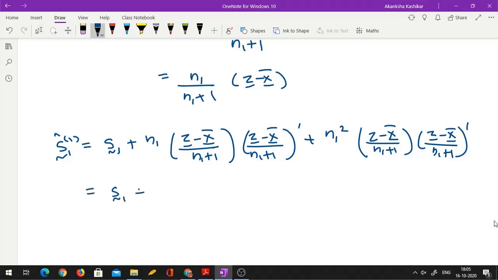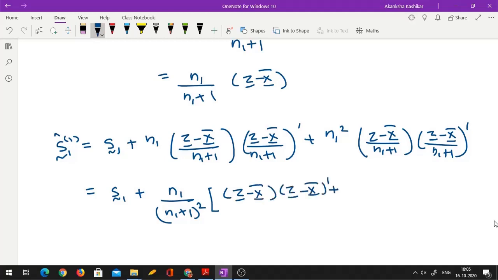So what do I have? So this would become, if I take n1 common and n1 plus 1 square common, then I am left with z minus x bar prime plus 1 n1 remains, so n1 times z minus x bar prime.